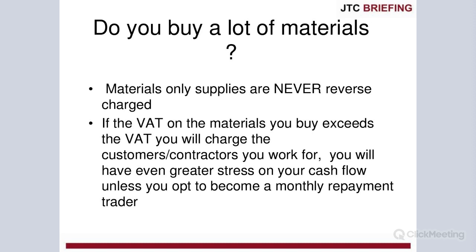So you will always be paying VAT for them. If you are buying materials but working for main contractors and therefore never receiving any VAT, the VAT on the materials you buy will exceed the VAT that you will ever charge. And you'll have enormous stress on your cash flow.